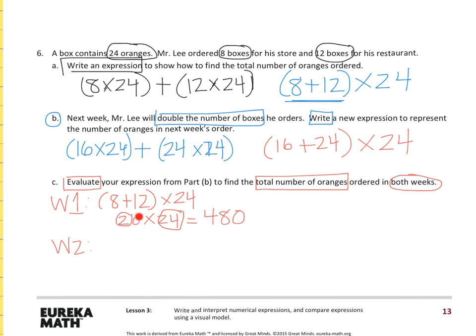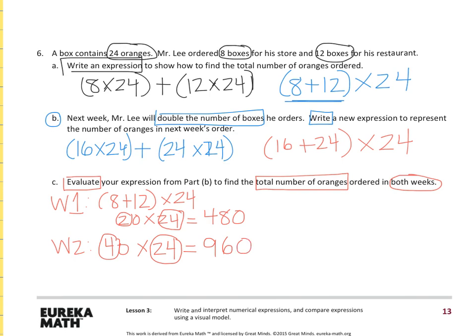So if week 1 he had 20 boxes, that means week 2 he's going to order 40 boxes, and there's still 24 oranges in each box. So that means we're going to take 4 and then multiply it by 24. That will give you 96. So 40 times 24 would be 960.